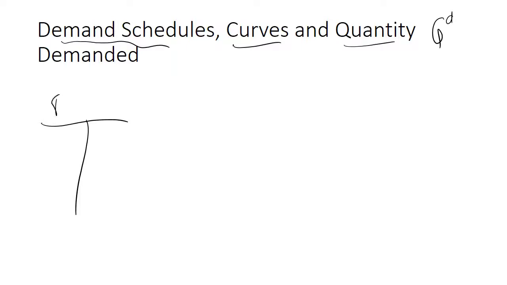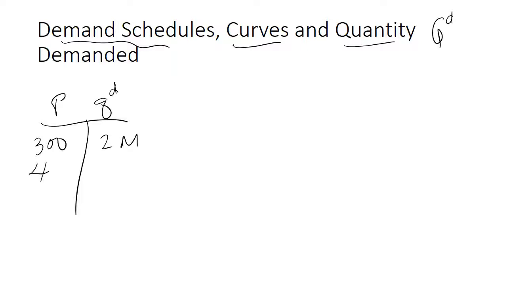You can have the price of a good, and we can also talk about the quantity that folks would demand at any given price. So we can start out with watches, and we could say that a watch is going to cost $300. And if $300 is what a watch costs, then you may have 2 million people that want that watch.